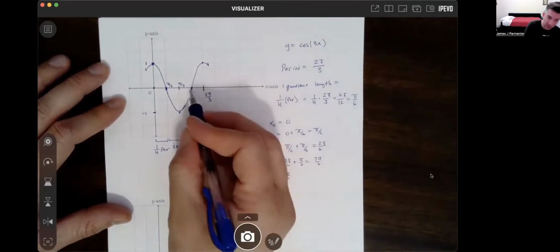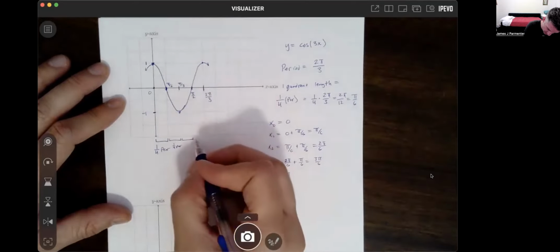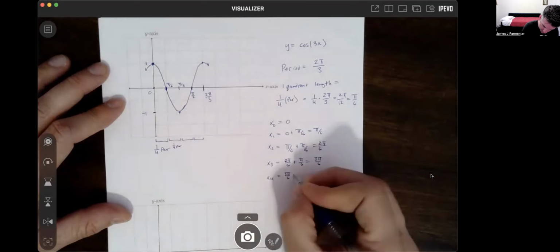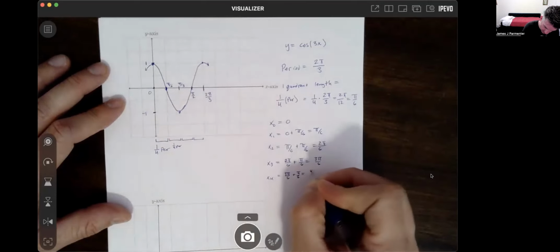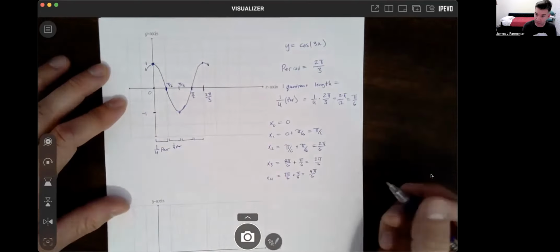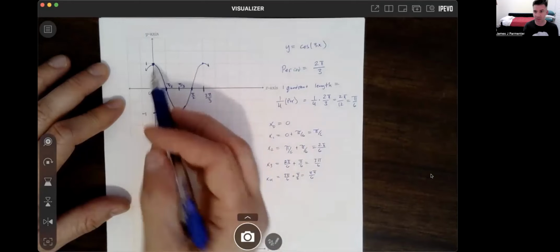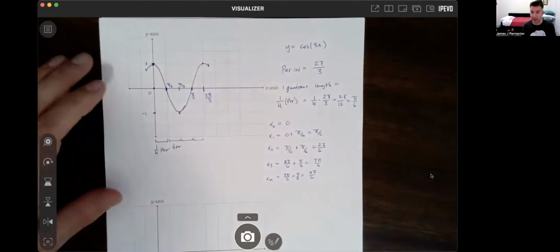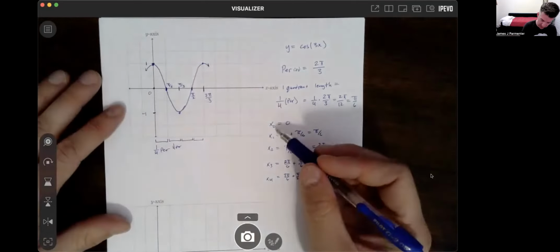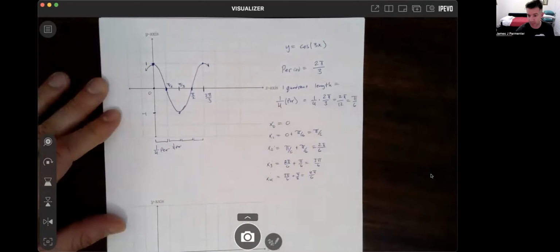I'm starting here at 3 pi over 6 and adding another quarter of a period, which is pi over 6, to get 4 pi over 6, which does reduce to 2 pi over 3. So these are my, I like to call them 0, 1, 2, 3, 4 points, but my 5 important points that I'm labeling x sub 0, x sub 1, x sub 2, x sub 3, and x sub 4.